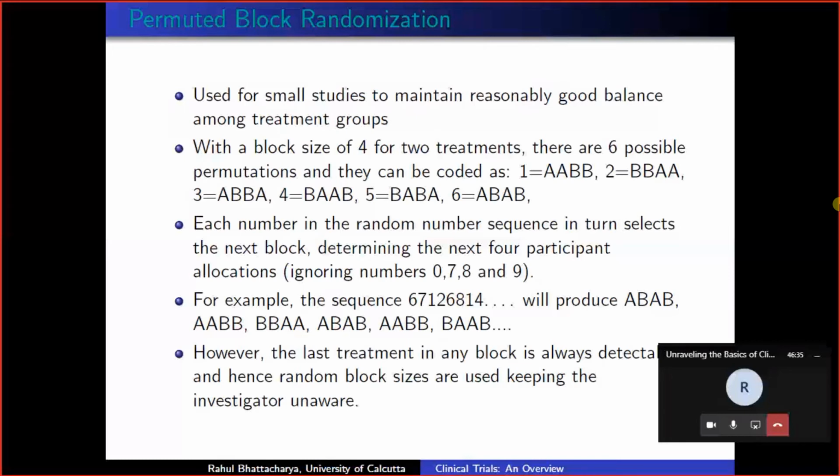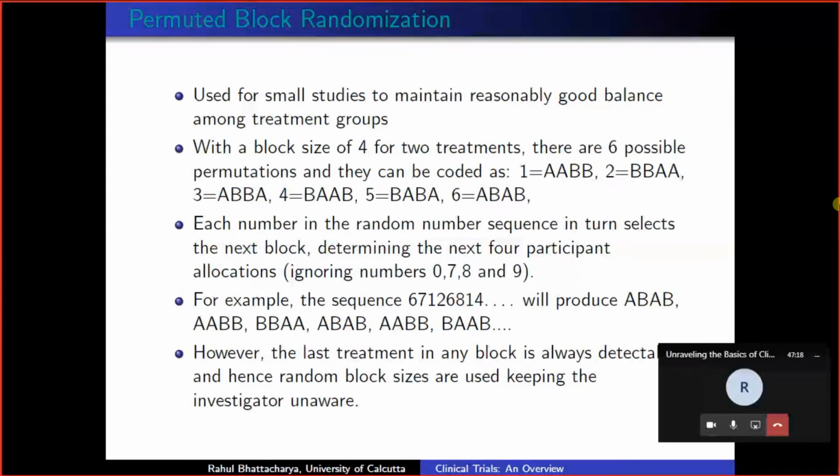But the problem is that, say for the first block, that is AABB, since you know that each block is balanced, that is there will be 2 A and there will be 2 B. So if you assign 2 A at the first, then definitely you know in the next part of the block the two treatments are obviously B. So again there is no concealment of allocation, and therefore it results in selection bias, because whenever the clinician knows the next treatment to be assigned, there is a tendency to introduce selection bias.